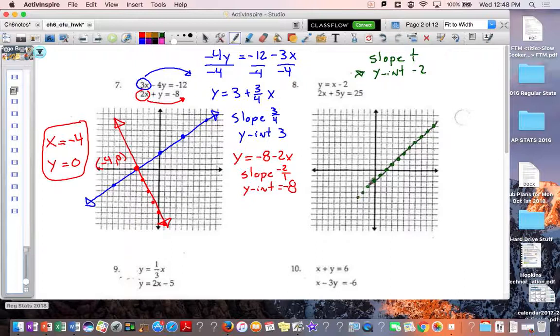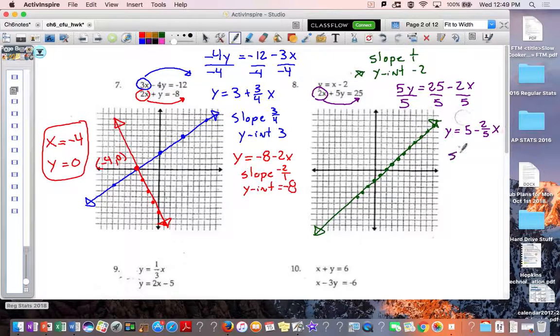Should be hopefully enough points to give me a good idea of what it looks like. So then on the second graph, I gotta move the 2x to the other side. 5y equals 25 minus 2x. Divide each term by 5. Y equals 5 minus 2/5 x.